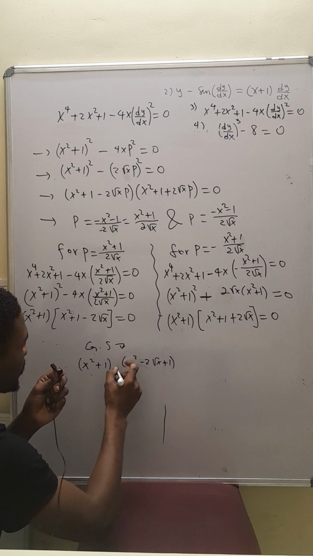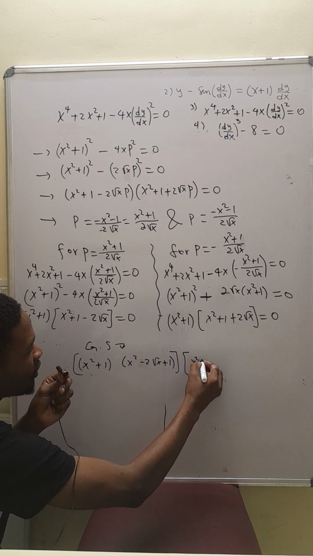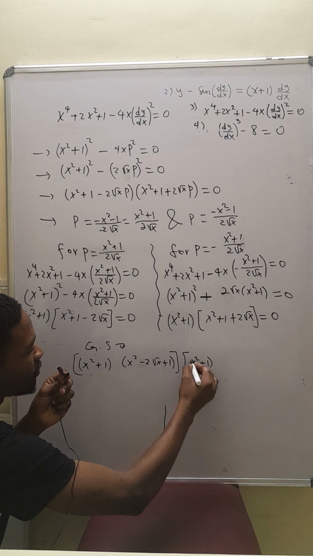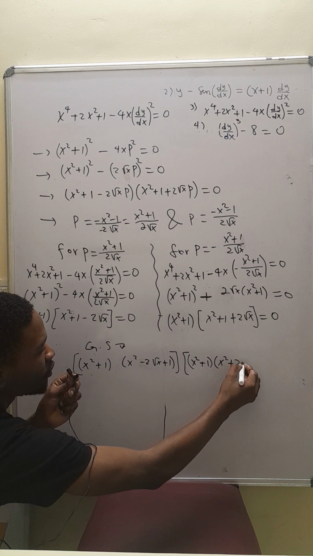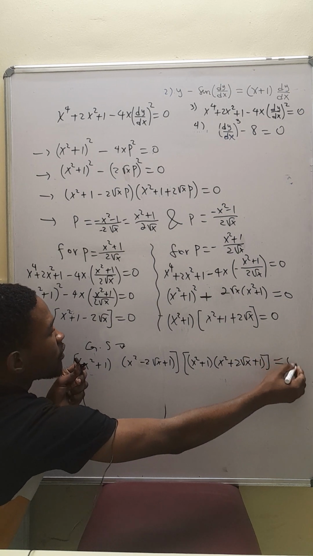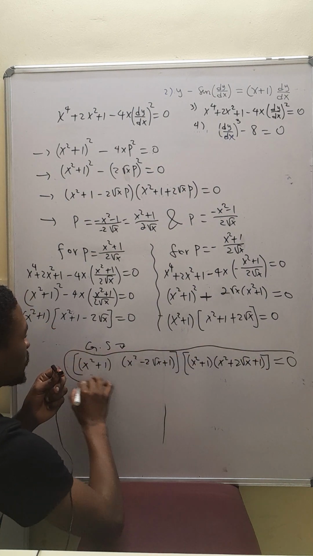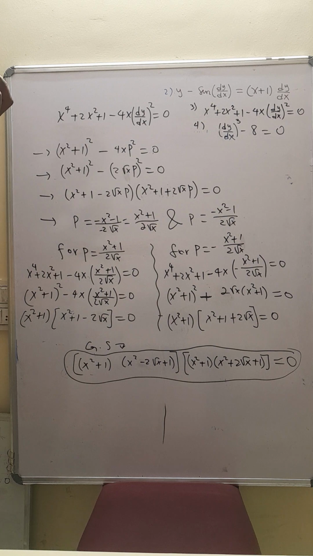I can also do this: x² + 1, and here x² + 2√x + 1 equal to 0. So yes, this is my general solution, as you can see.